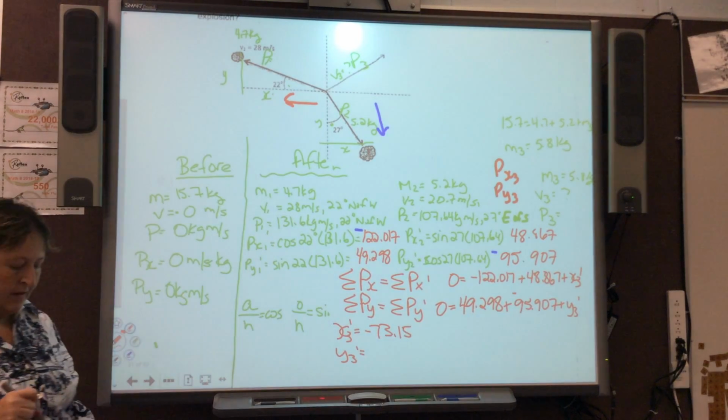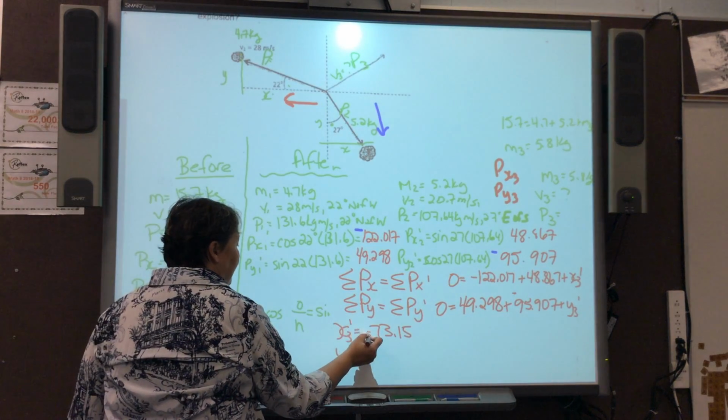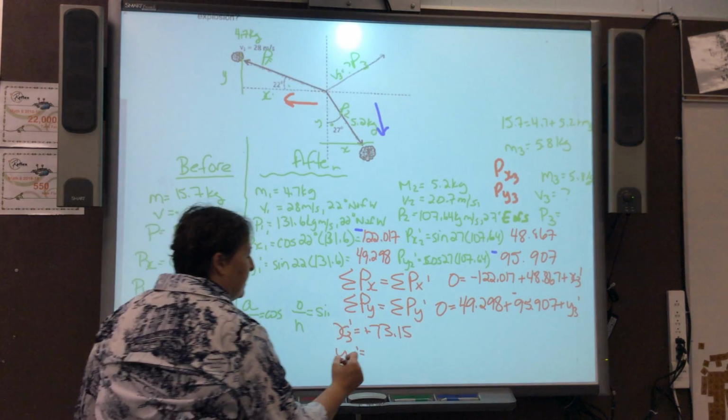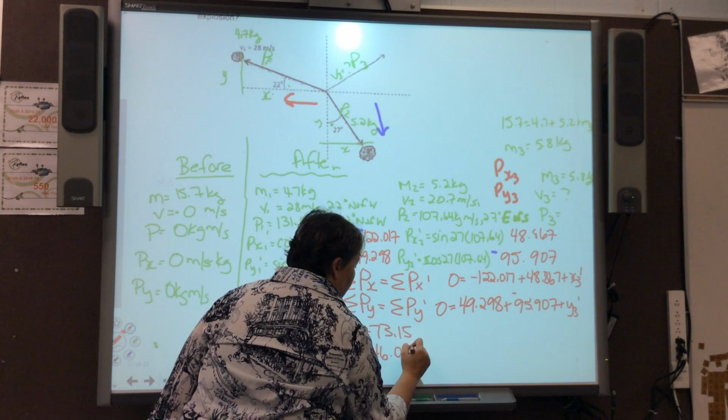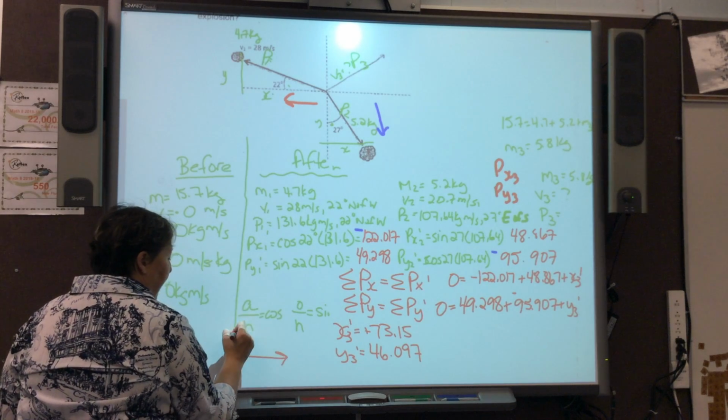Okay. Odd. I got positive 2. You forgot the 2 for 122. Okay, and y? Oh, yeah, I forgot to put going down. And then your y is equal to 46.6097.